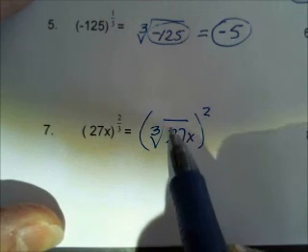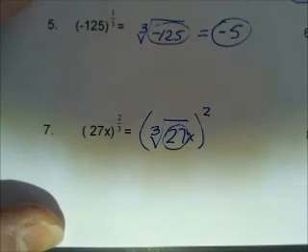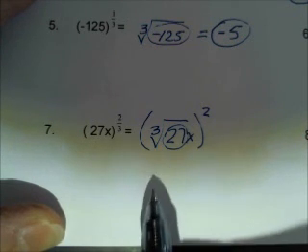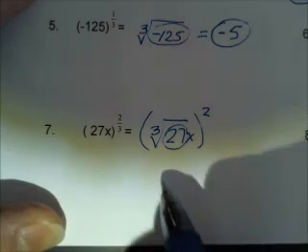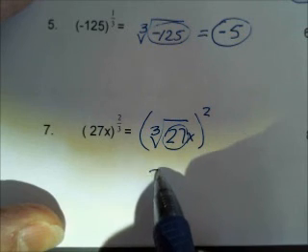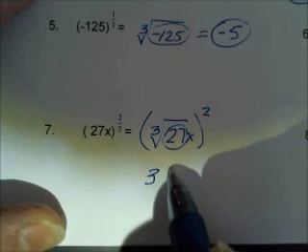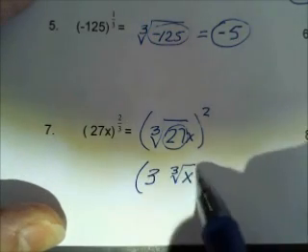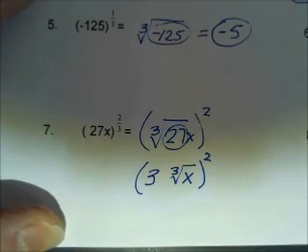Well, 27 is a perfect cube. Its cube root is 3. So 3 comes out, the cube root of x stays. And then all this is raised to the second power.